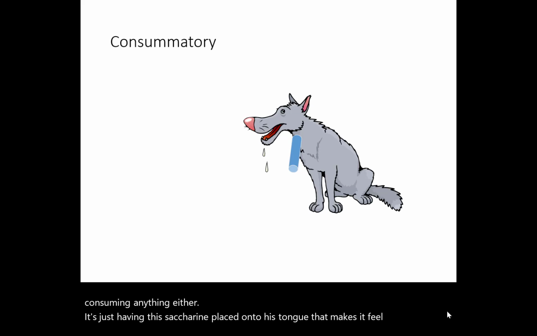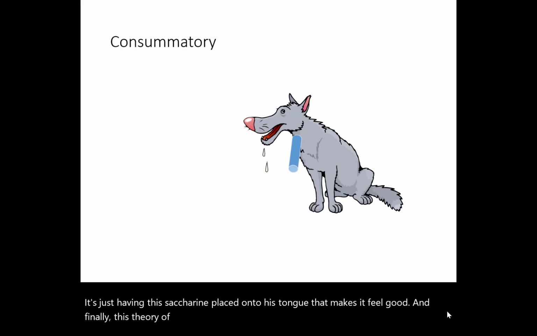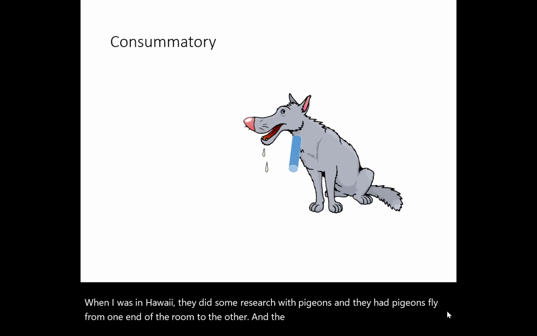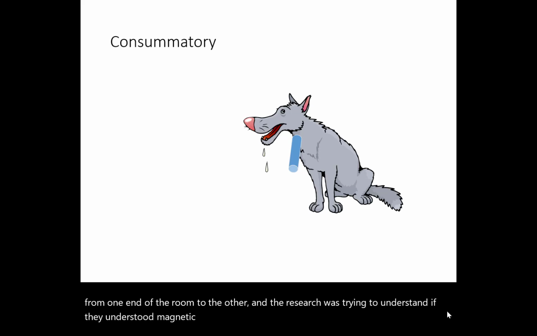And finally, there are a lot of ideas of consummatory theory. When I was in Hawaii, they did some research with pigeons, and they had pigeons fly from one end of the room to the other. The research was trying to understand if they understood magnetic fields. There were magnetic fields at these two locations, and they were trying to discriminate them.